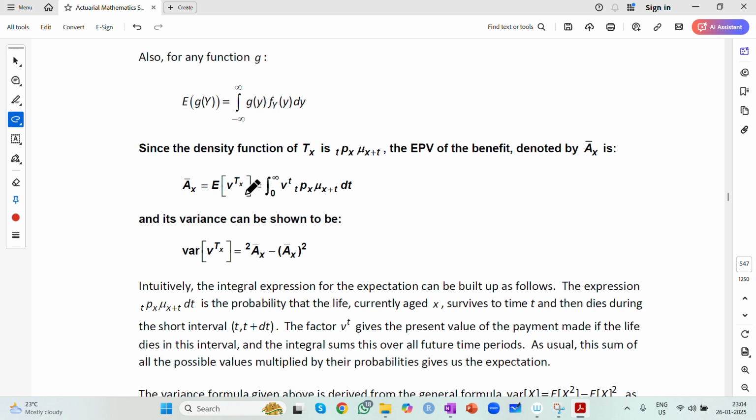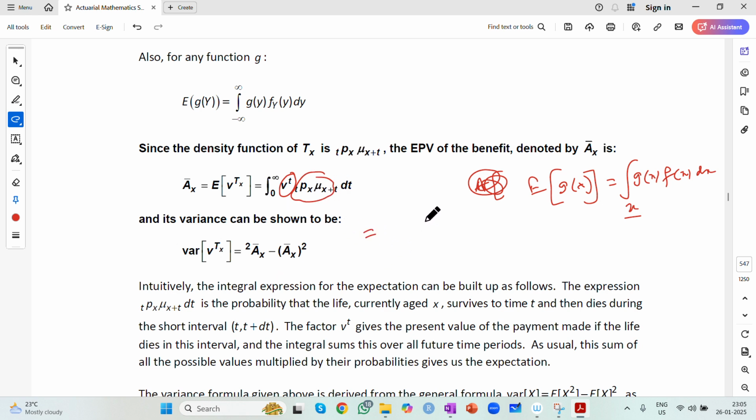As you all know, for a continuous random variable, as we already discussed in CS1, the expectation of g(x) is the integration of g(x) times f(x) dx over the entire range of values of x. Here it is the expectation of v^{T_x}. A particular value of T_x is t, and this is the PDF.